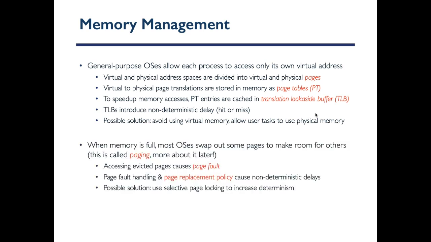Now, the other problem with everything that I said above is something that we will also talk about, which is called paging. What usually happens in our systems is that our processes think that they have a lot of memory. The virtual memory space is big, but usually the physical memory is small, depending on how much RAM, how much DRAM you have in your system.